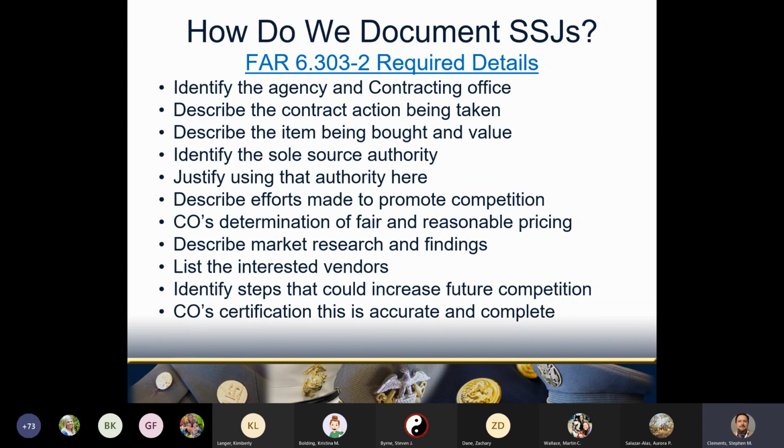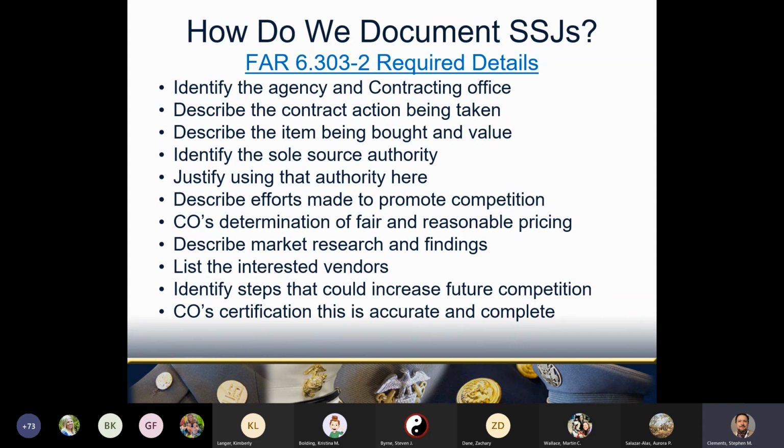Now, another piece of information that's always important is determining if a price is fair and reasonable. And if you're sole sourcing, you should probably have a pretty good idea of what the one person you want to buy this from is going to charge you. Because on the form at some point your CO is going to have to determine something to be fair and reasonable pricing.